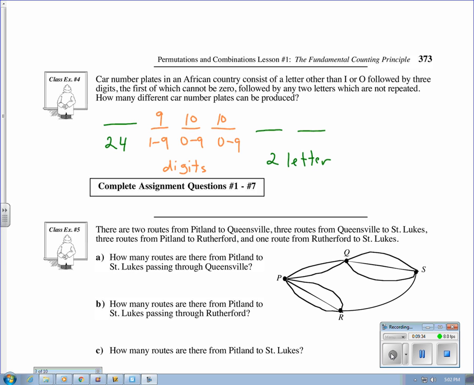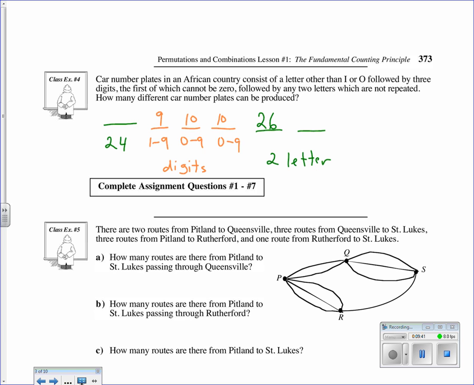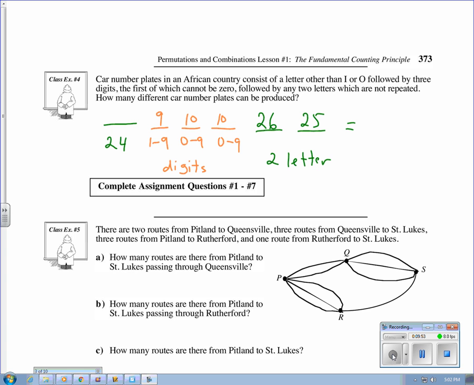My 2 letters and their repetition is just related at the end here. So I have a choice of 26 letters for this position and 25 letters for the subsequent position. And I'm going to find the number of license plates possible in Africa by multiplying those numbers together.